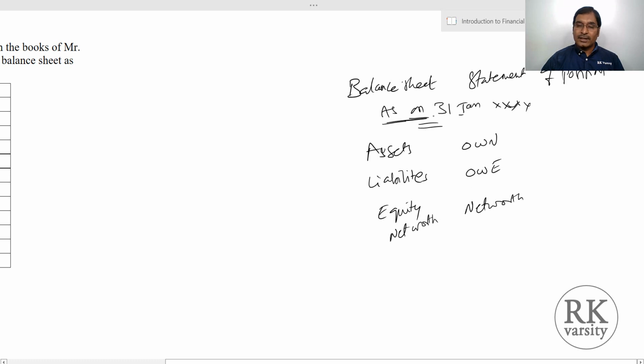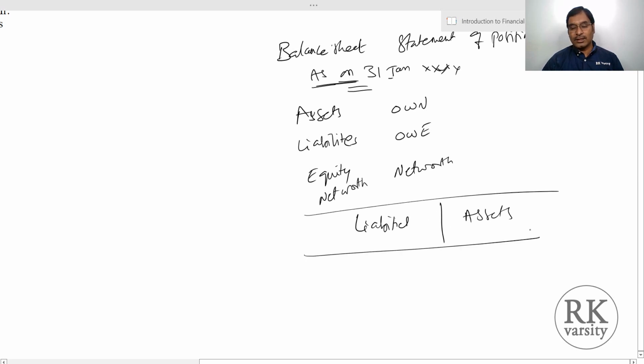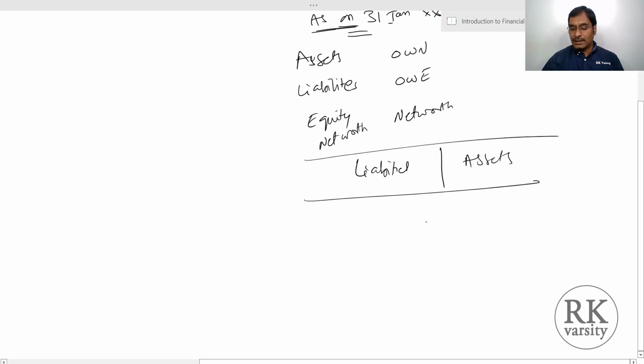Now there are different formats of preparation of a balance sheet. One is a horizontal format, where we have liabilities on one side and assets presented on the other side. And you have a vertical format where assets are shown in the beginning, then owner's equity and liabilities are shown after.